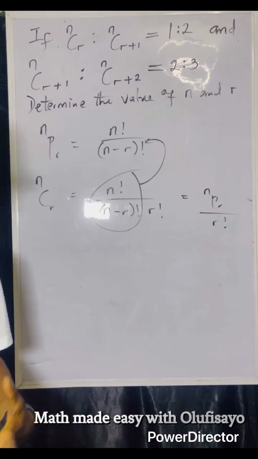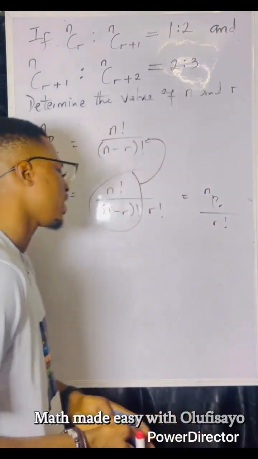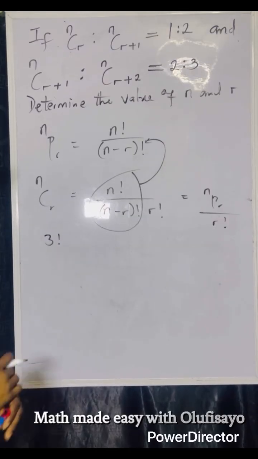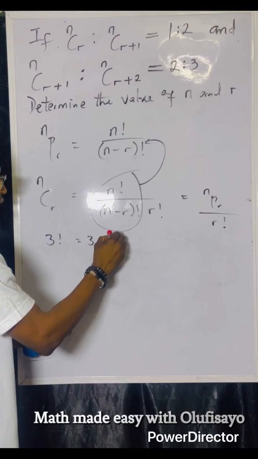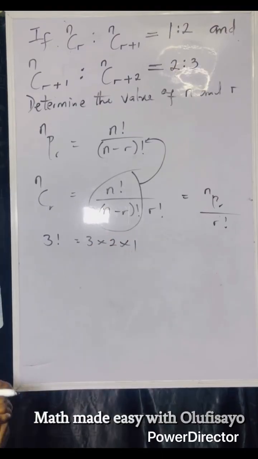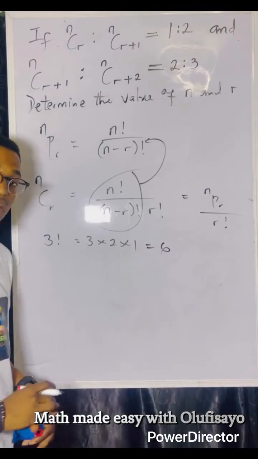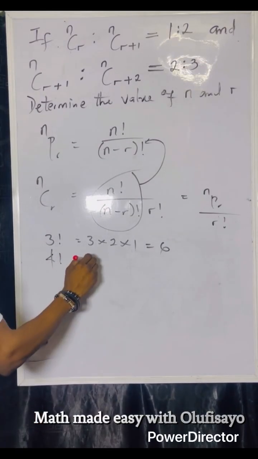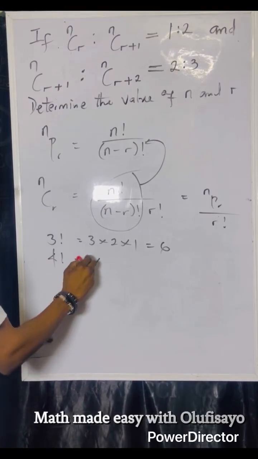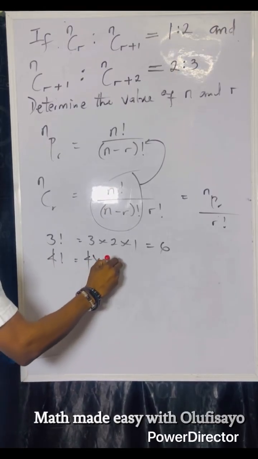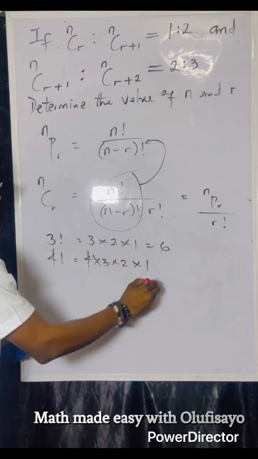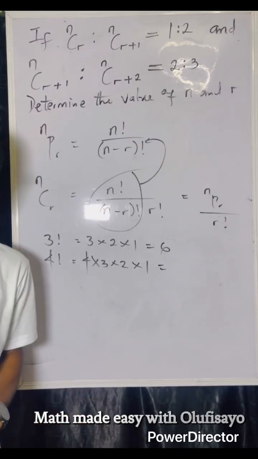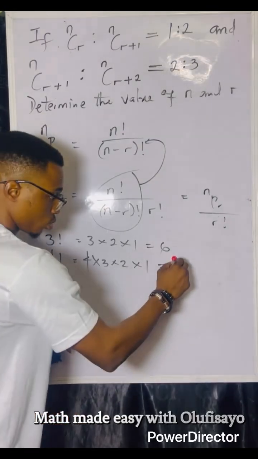Now, what is the meaning of factorial? If I say 3 factorial, it simply means 3 multiplied by 2 multiplied by 1, which equals 6. What about 4 factorial? That is 4 times 3 times 2 times 1. 4 times 3 is 12, 12 times 2 is 24, and 24 times 1 is 24.